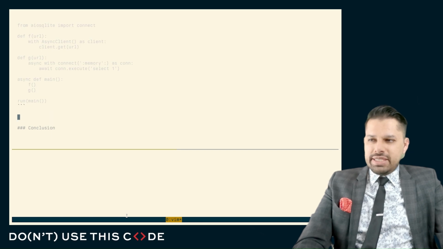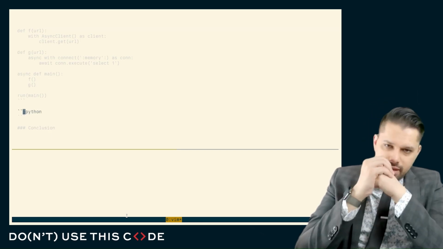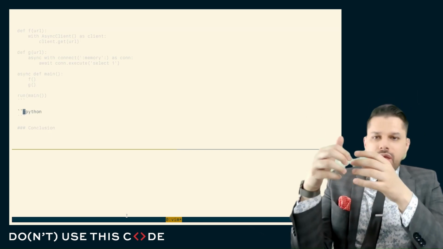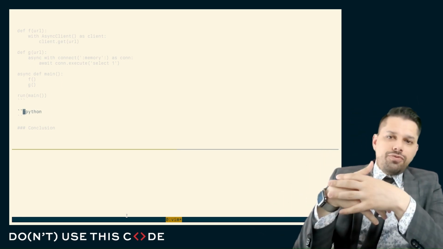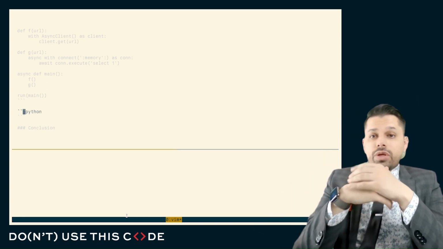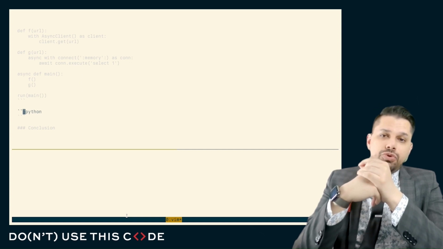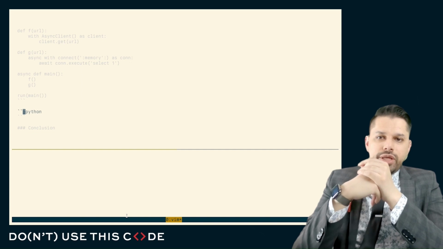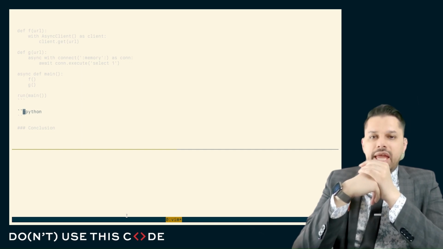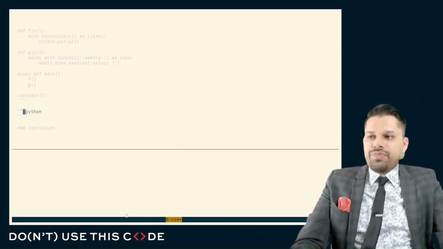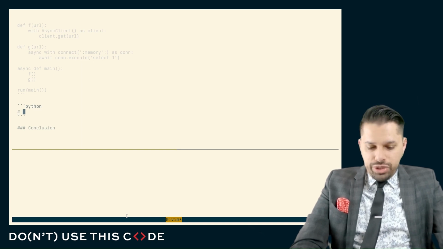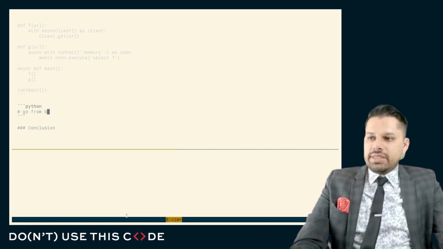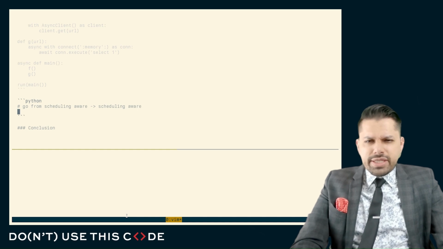And when we look at all the syntax that is provided in Asyncio, the async with, the async context managers, the async for, all of this really comes down to this: if you need to interact with that event loop, you need to be doing that from code that is aware of that event loop. In the absolute core of it, in Asyncio, you can only go from being scheduling aware to being scheduling aware, being aware that there's something that's going to schedule you.